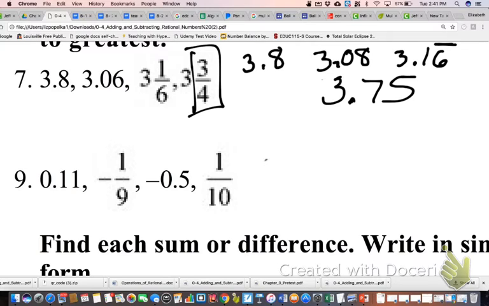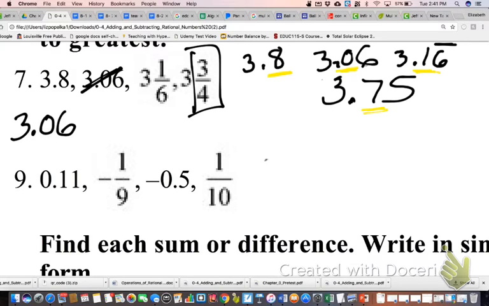So what I need to do is look at the second digit, which is the tenths place. And because it says to put it in order from least to greatest, the smallest one, sorry. Oh, I just realized earlier that should have been a 3.06, not a 3.08. Sorry about that, guys. Okay, so the smallest one is the 3.06.